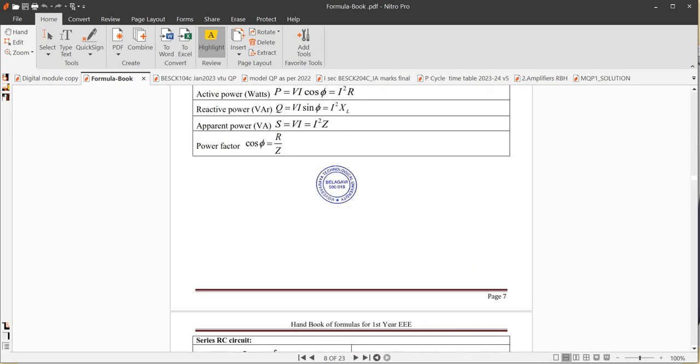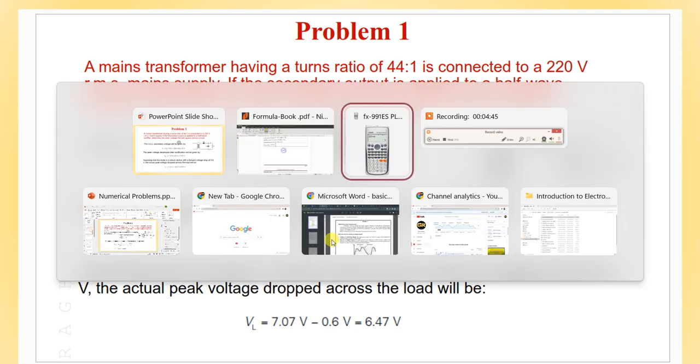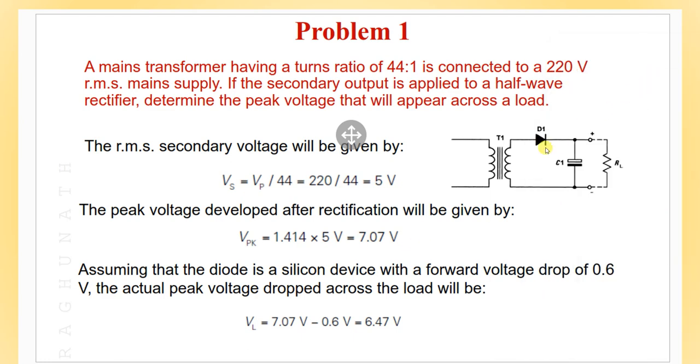In order to find the peak value Vm, it is root 2 into 5. 5 into root 2 gives you 7.07. This is the peak voltage appearing across the load if the diode is ideal.